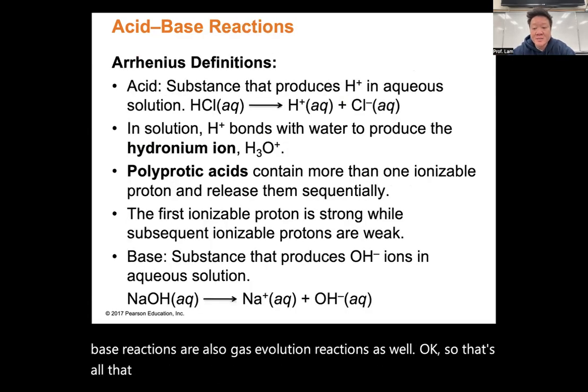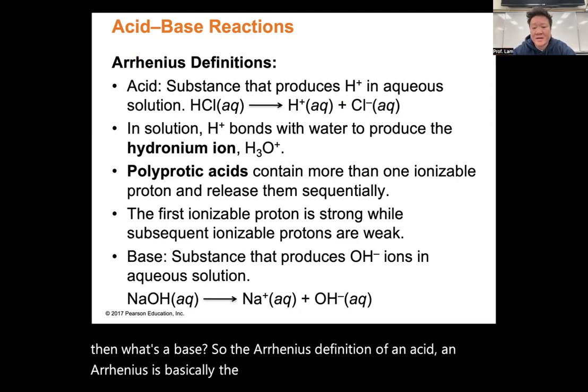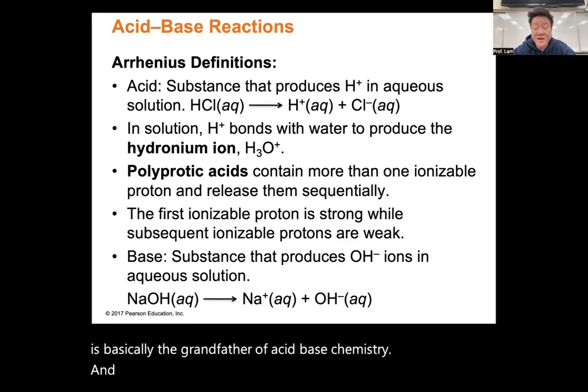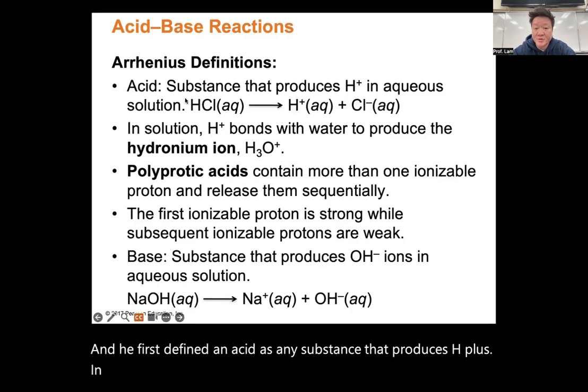So let's remind ourselves, what is an acid and what's a base? The Arrhenius definition of an acid, and Arrhenius is basically the grandfather of acid-base chemistry, he first defined an acid as any substance that produces H plus in water, in an aqueous solution.